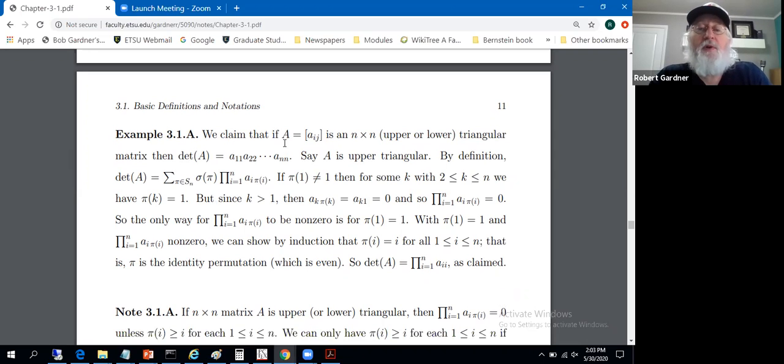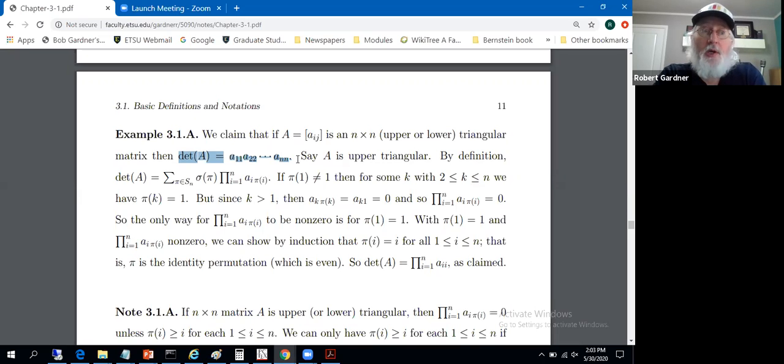All right. First, we'll claim that, just as an example, if we have an n by n, say upper triangular matrix, then the determinant is the product of the diagonal entries. Excellent property. In linear algebra, if I could take a matrix and put it in row echelon form, then it'll be upper triangular, and I can just read off the determinant by taking the product of the diagonal entries.